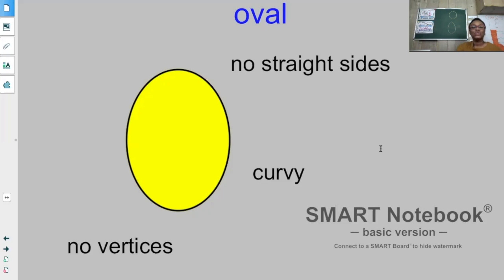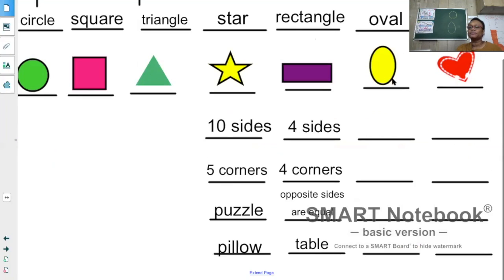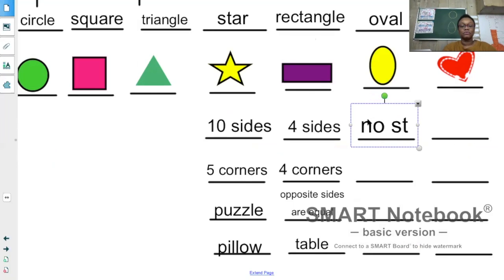So what I'd like you to do is go back to your tree map and add these pieces of information. So an oval has no edges or no sides, no straight sides.